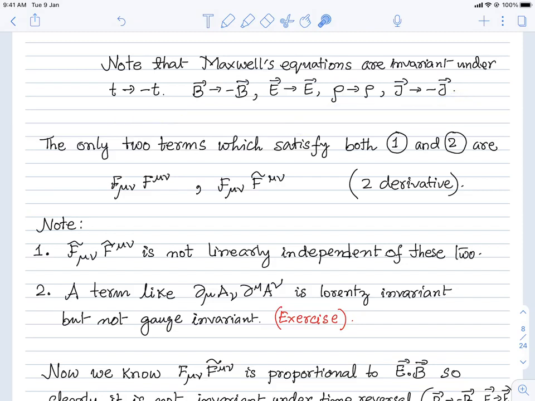I'm saying this because you're familiar with this. But if you just look at this expression and see how this contains the epsilon only once, then because of the presence of the epsilon, this term will not be time reversal invariant. So in that sense, you can forget about this term. But if for some reason time reversal invariance is not a good symmetry, then you have to start keeping terms like this. You have to remember that.